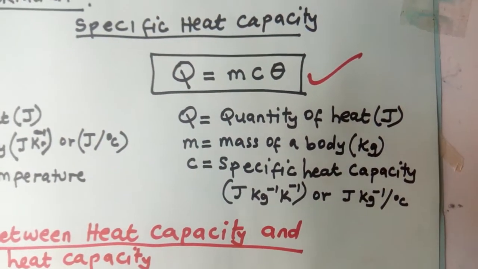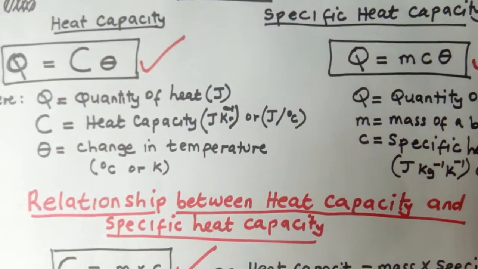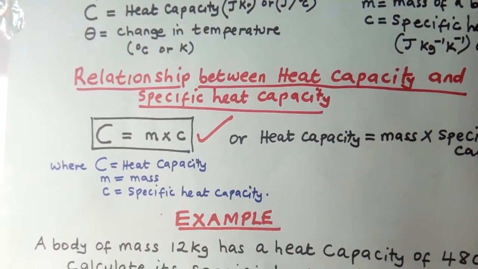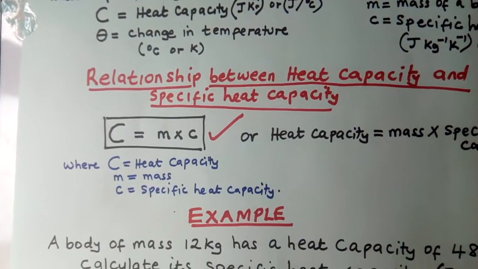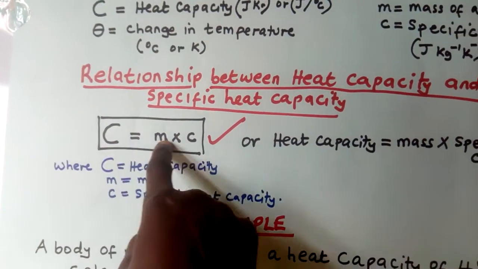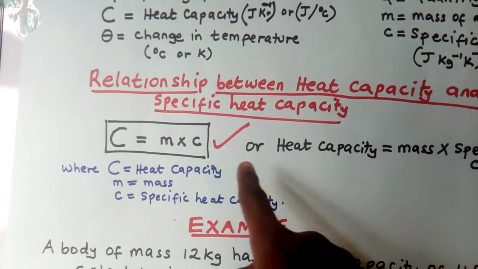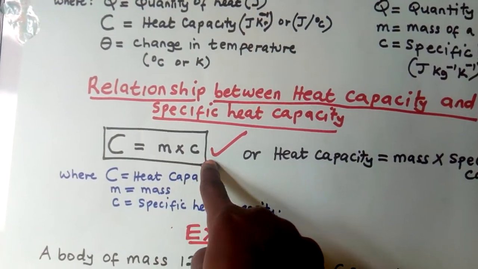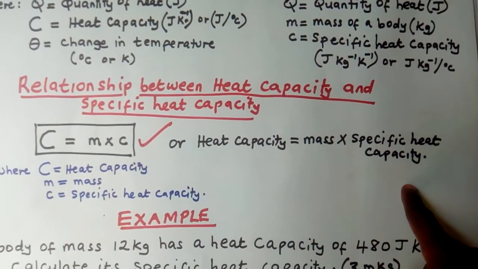Now, there is a relationship between heat capacity and specific heat capacity. We can put it in the form of an equation. Capital C, that is heat capacity, equals M, which is mass, times small c, which is specific heat capacity.